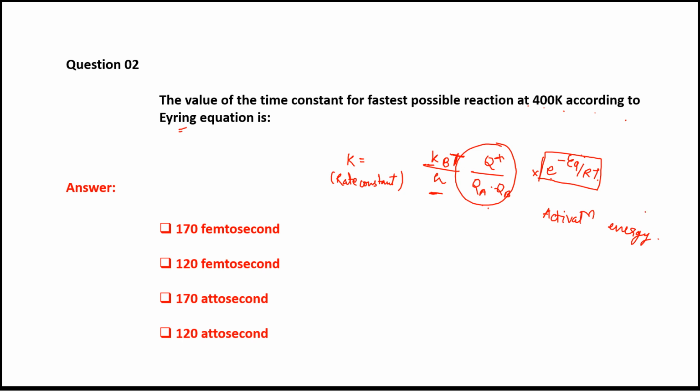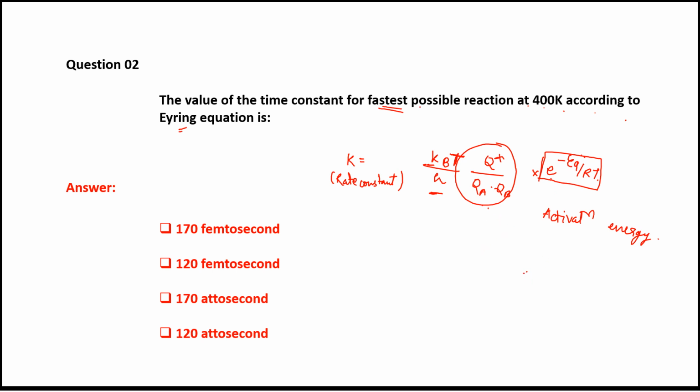Now, the value of the time constant for the fastest possible reaction at 400 Kelvin. If you do all the calculations for the fastest possible reaction, you need to consider e to the power minus E_A upon RT.